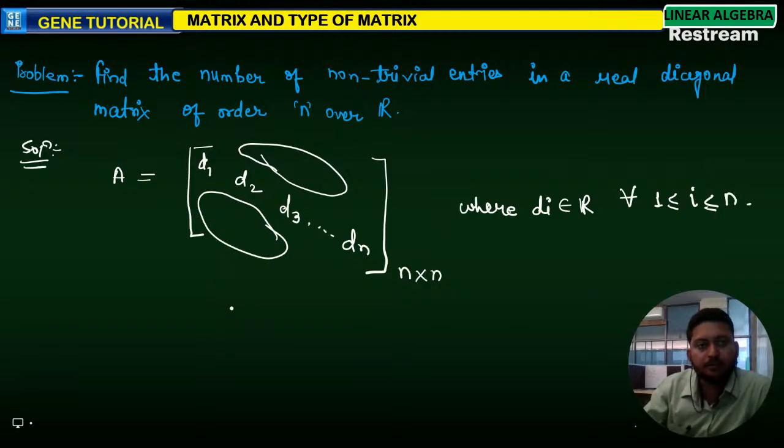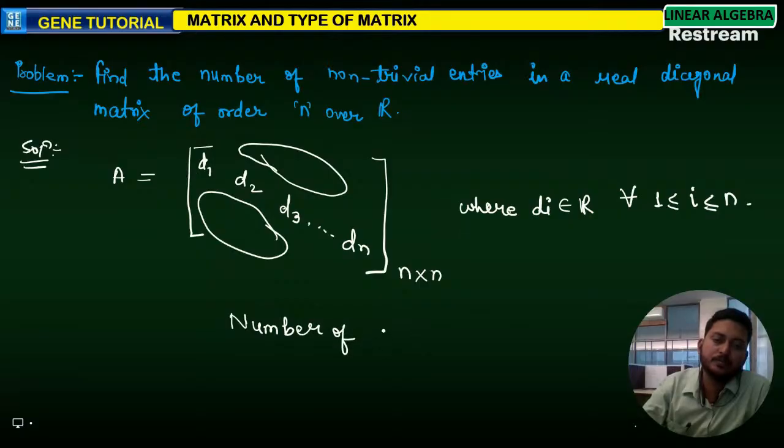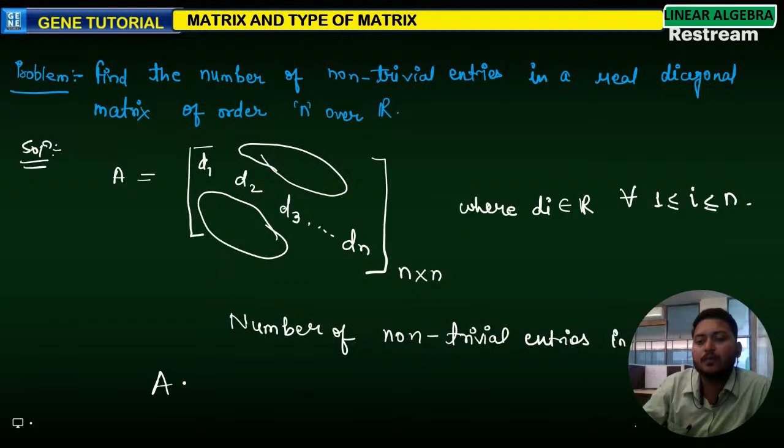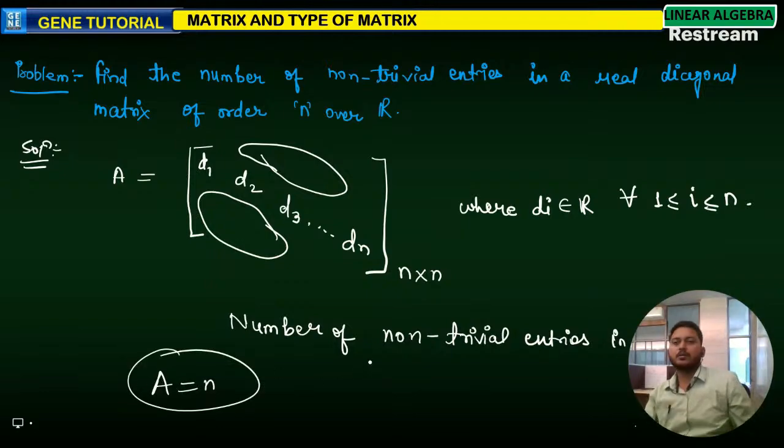The number of non-trivial entries is equal to n. So this is the problem related to non-trivial entries of a diagonal matrix of order n over R.